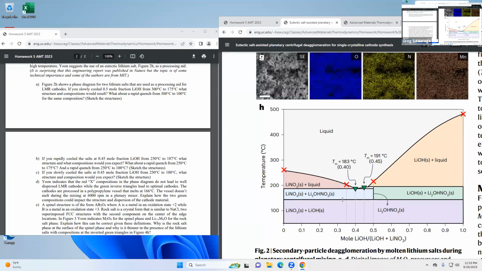There's no solid solution in here. Two groups are talking about solid solution, but these are totally different crystal forms. The LiOH and the LiNO3 and the gamma Li2OHNO3 are all different crystal forms.